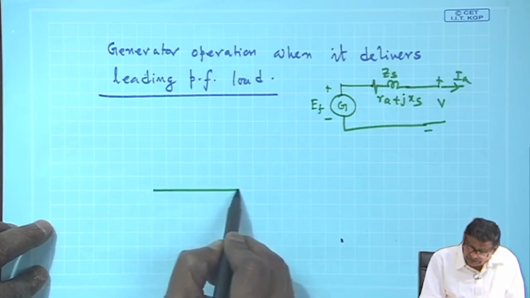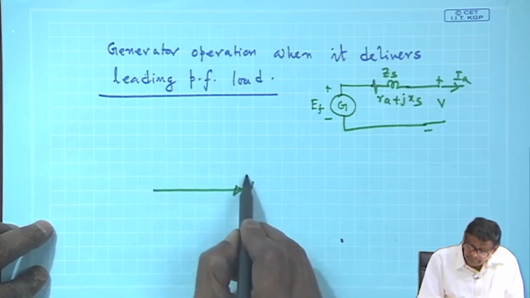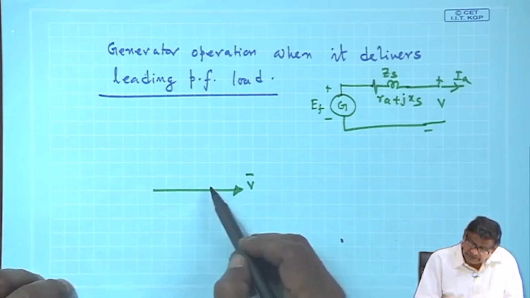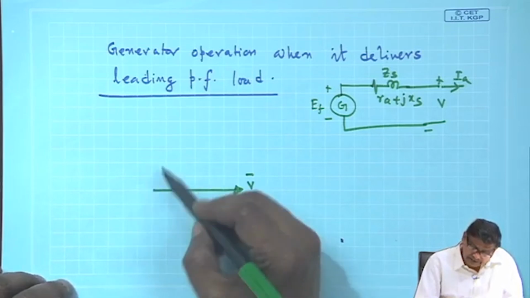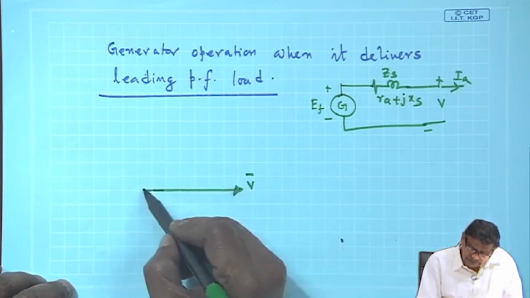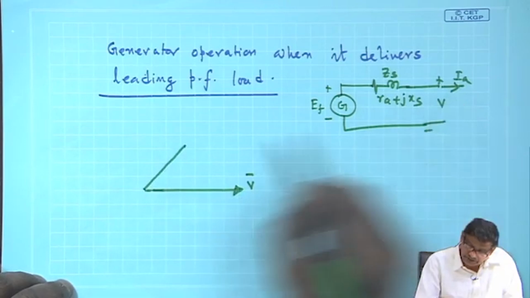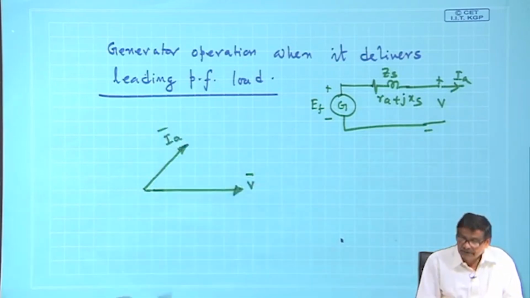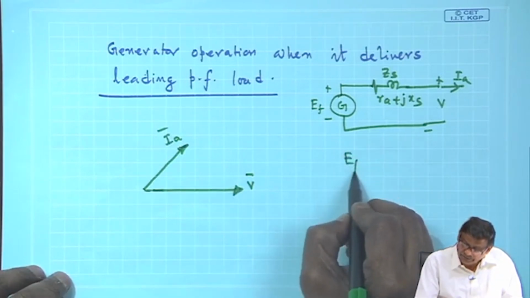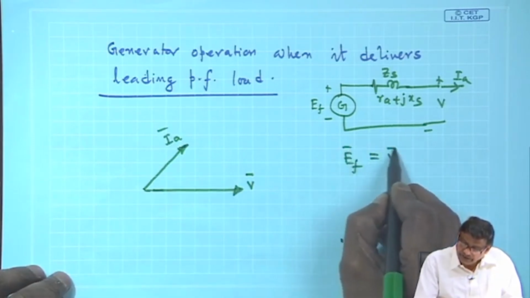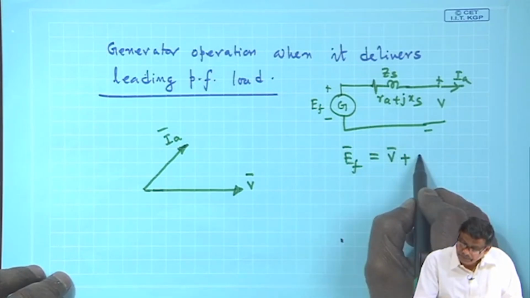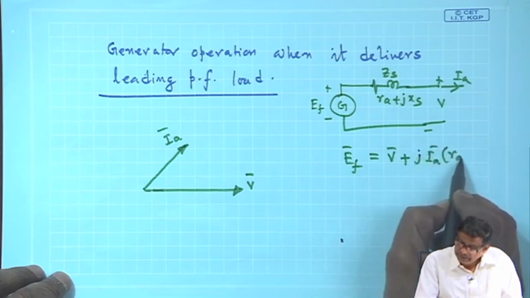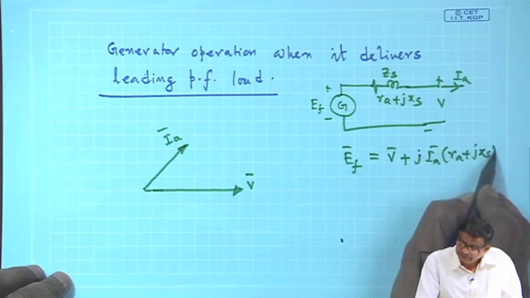So, this is V, and it is a leading current. Suppose this leading current with respect to V is IA. Follow me carefully, but this equation is true: EF is equal to your terminal voltage plus j IA into RA plus jXS, is it not?